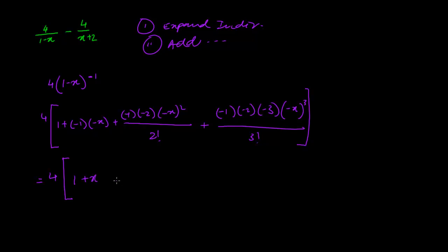That would result in 4 times 1 plus x, plus these two would cancel out, so that would leave us with x squared, plus this again would cancel out. This would form a negative, this would also form a negative, and a negative times a negative would equal a positive, so eventually it would equal x cubed.